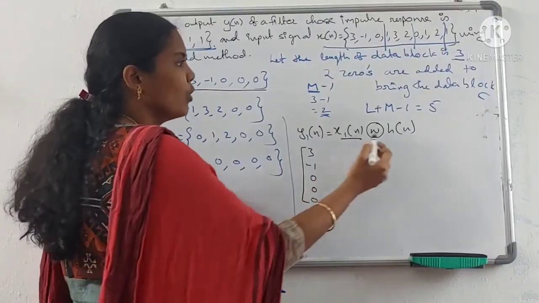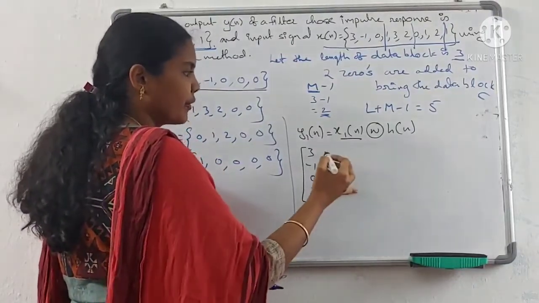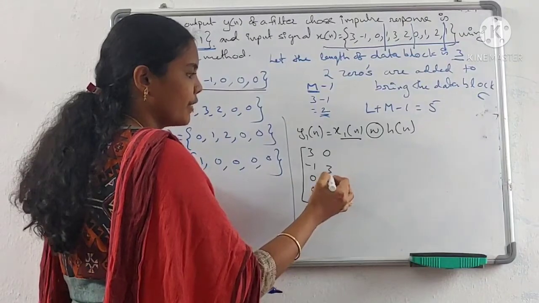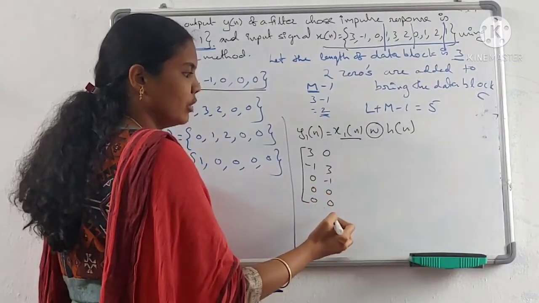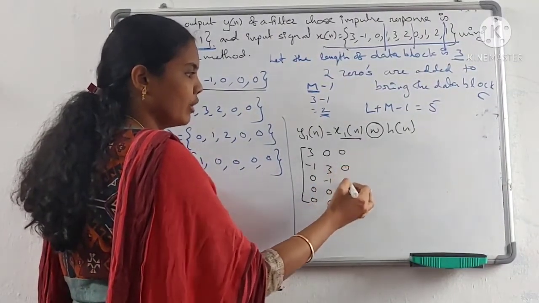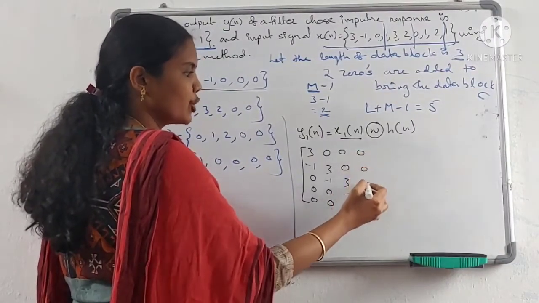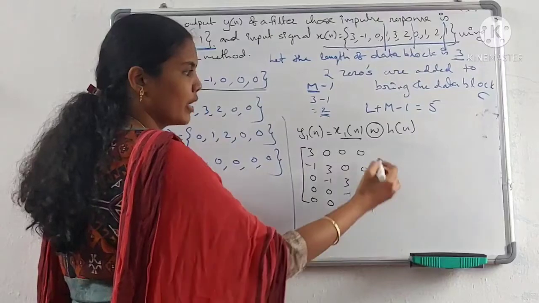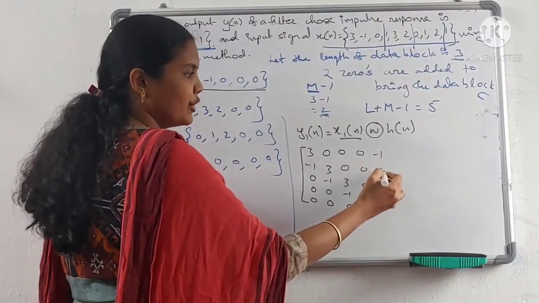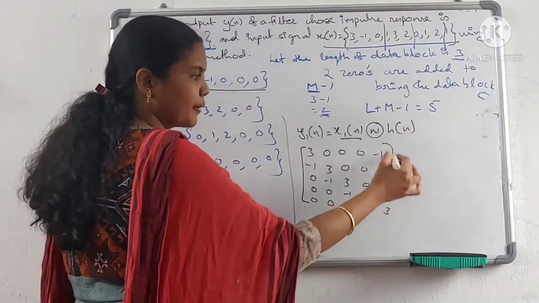Now you have to rotate. Rotate means 0, 3, minus 1, 0, 0. Again rotate: 0, 0, 3, minus 1, 0. Again rotate: 0, 0, 0, 3, minus 1. And so on, up to 0, 0, 0 and 3.